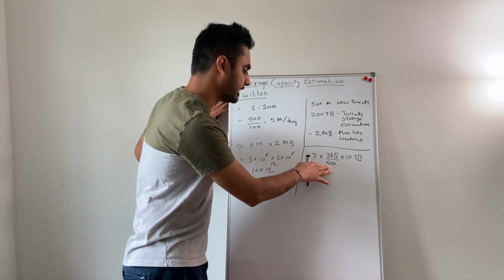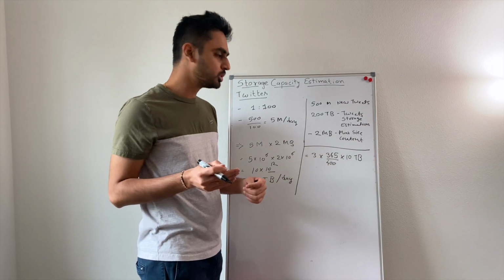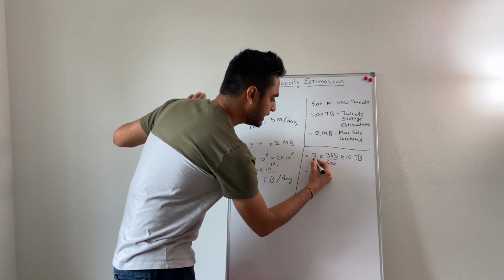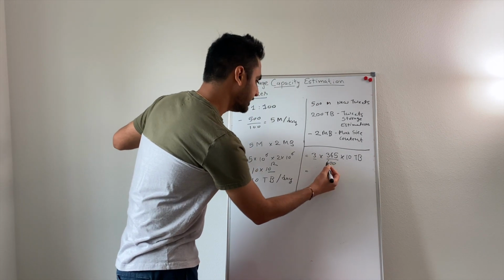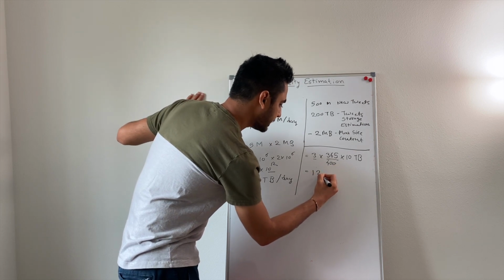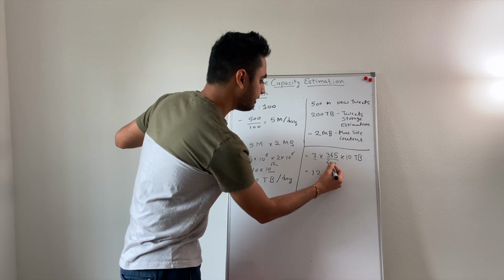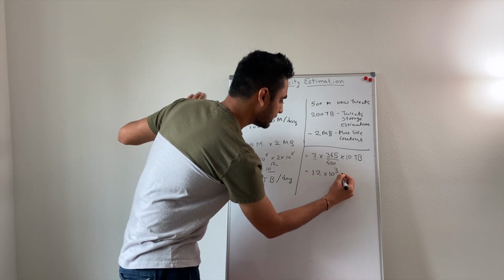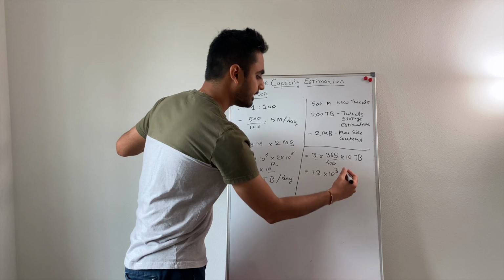So I'm taking 400, and we are doing a little overestimation, but that is fine. So 3 into 4 is 12, right? So I'm going to write 12, and then I have 1, 2, and 3 zeros. So I'm keeping those 3 zeros here, into terabyte, right?